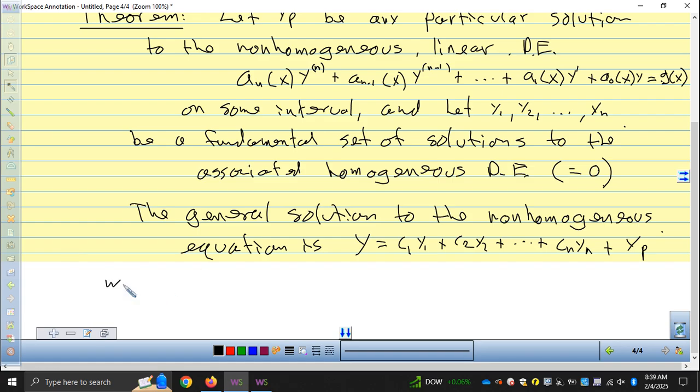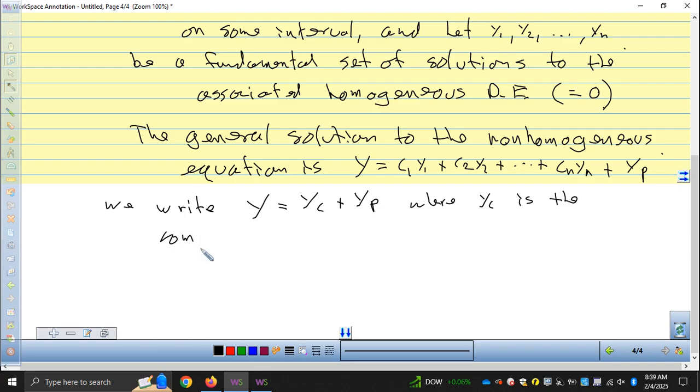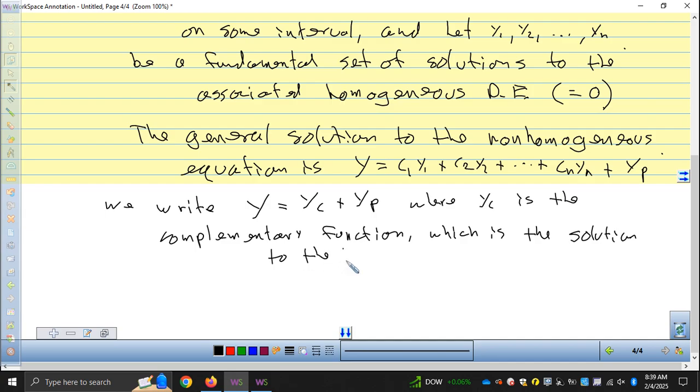We write y equals y sub c plus y sub p, where y sub c is the complementary function, which is the solution to the homogeneous differential equation.